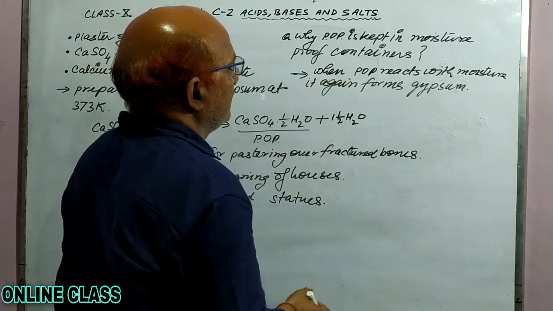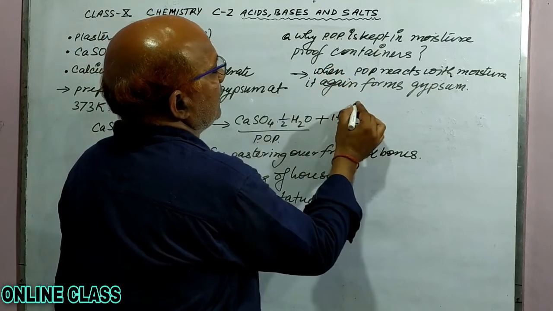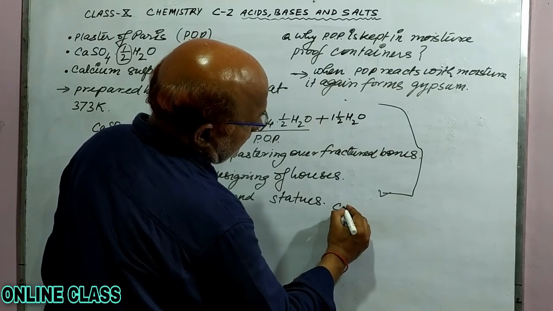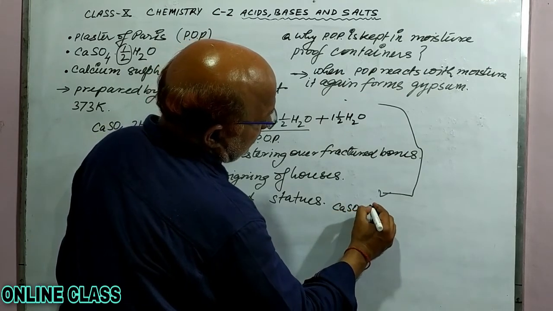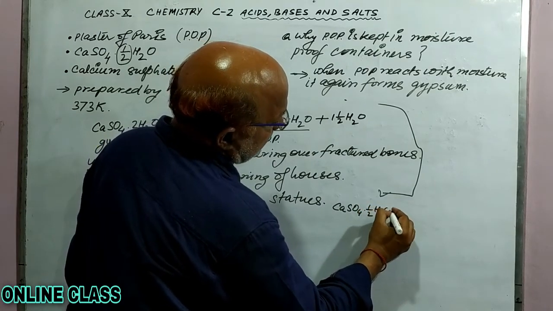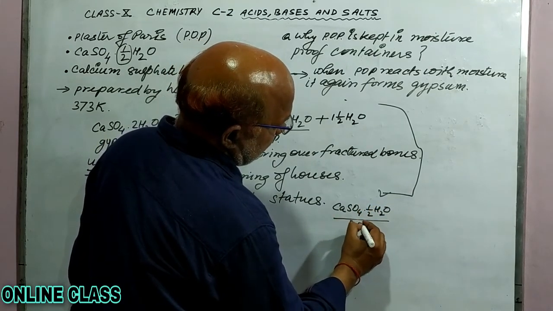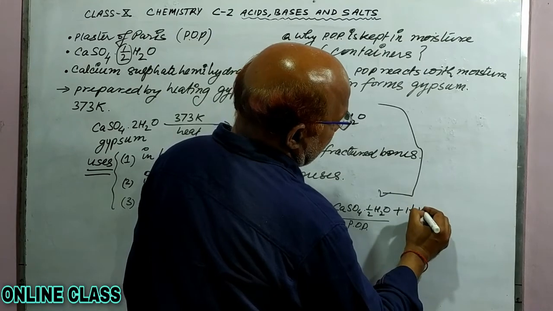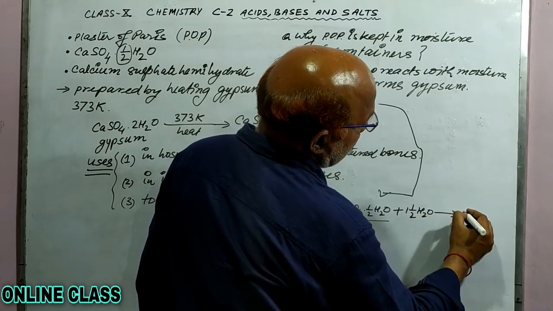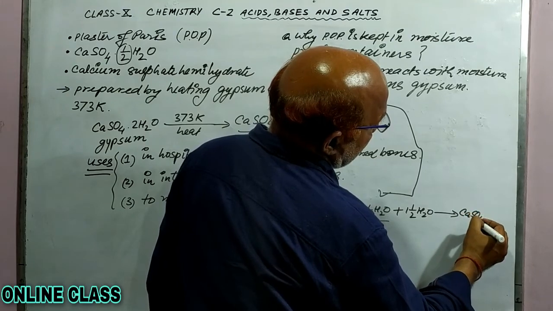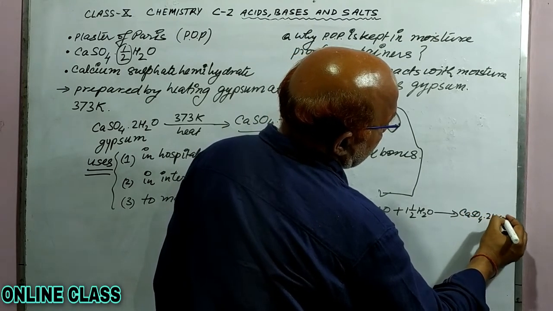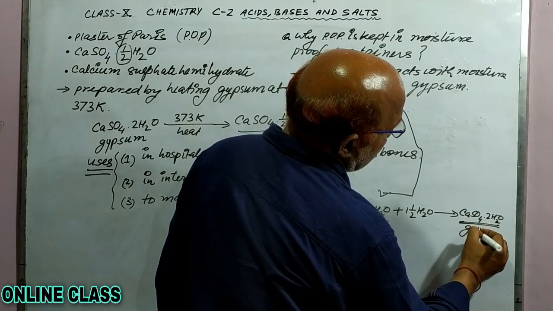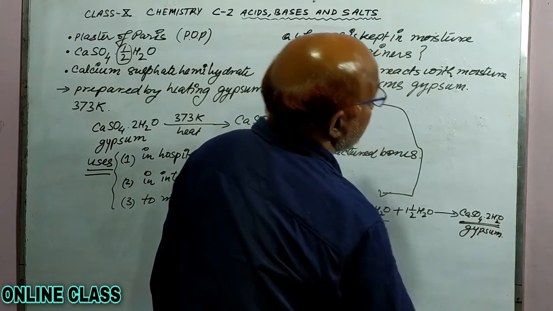We can write the chemical reaction related to this. As you can see, CaSO4·½H2O, this is plaster of Paris, and when it reacts with moisture, it is 1.5 H2O, so it forms CaSO4·2H2O, and you can see this is gypsum.